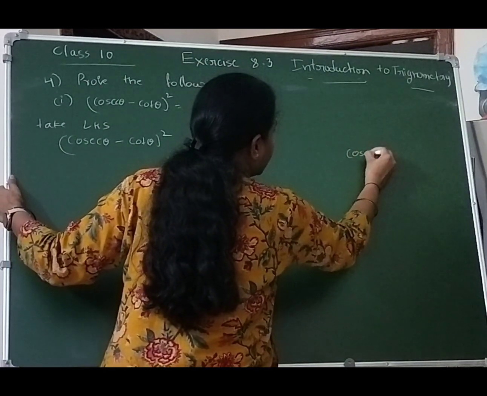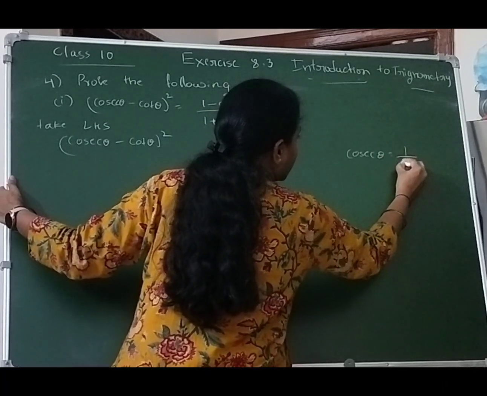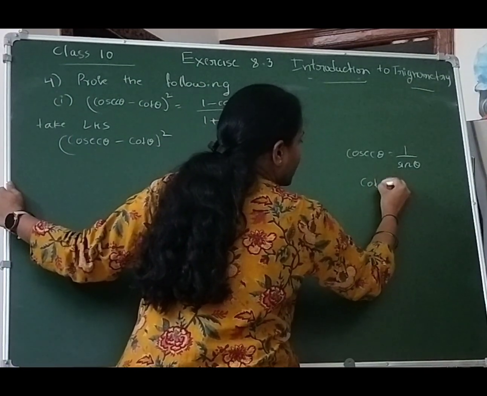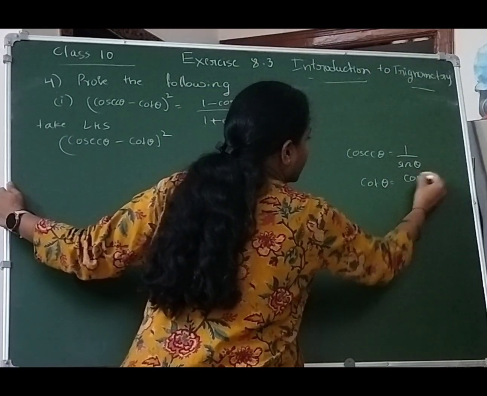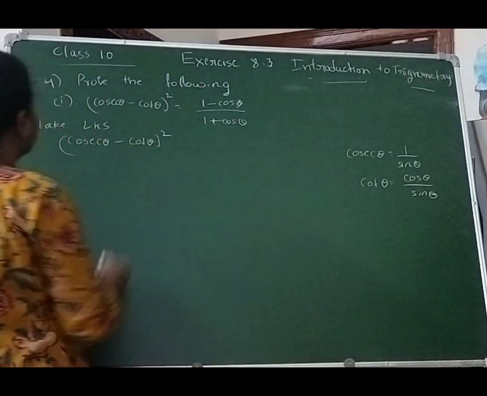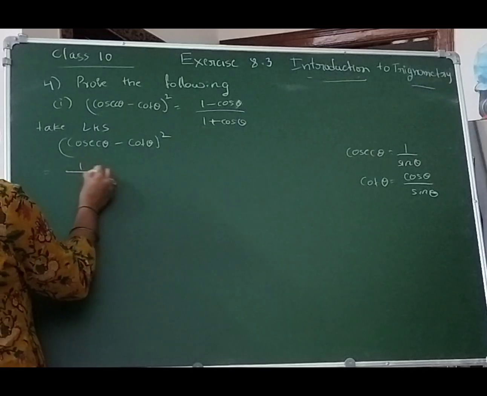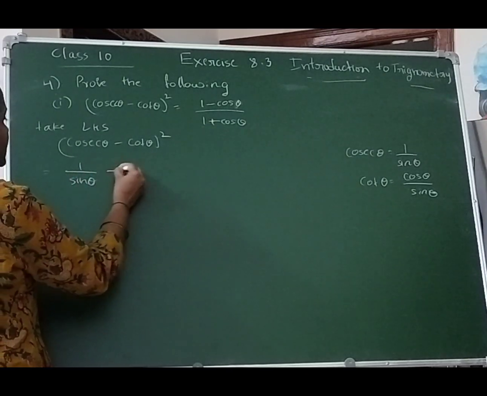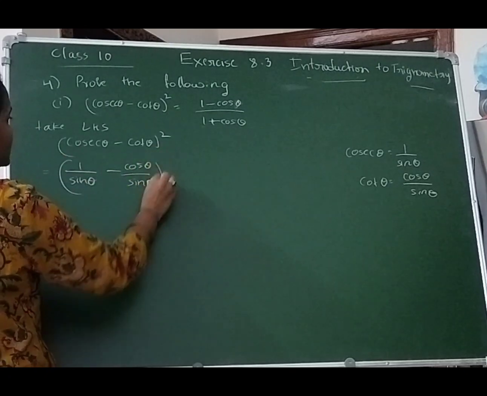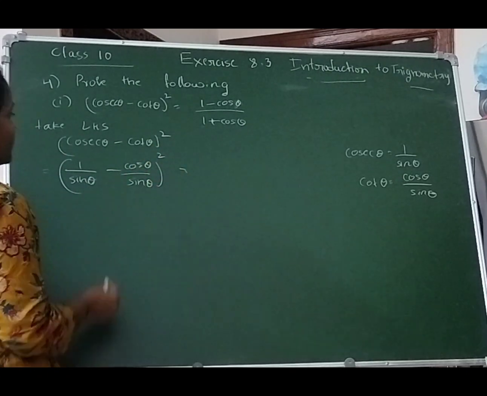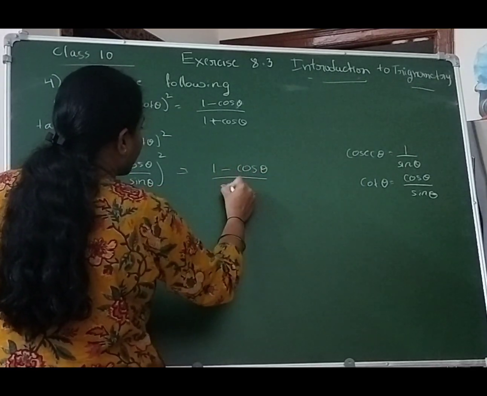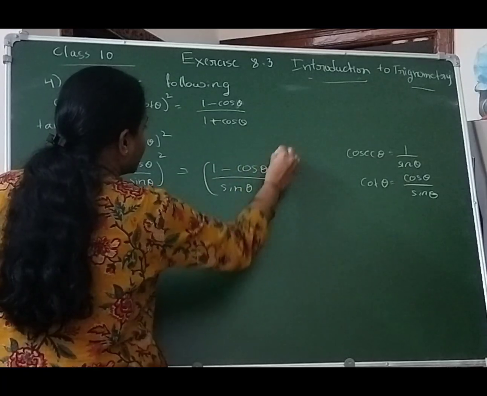Cosecant theta is the inverse of sin theta, that is 1 by sin theta, and cot theta is cos theta by sin theta. So our equation reduces to 1 by sin theta minus cos theta by sin theta, whole square. Sin theta is common in the denominator, so we can write it as 1 minus cos theta by sin theta whole square.